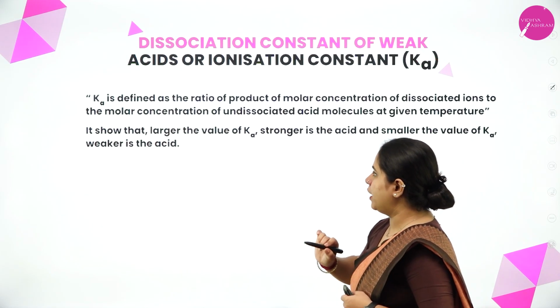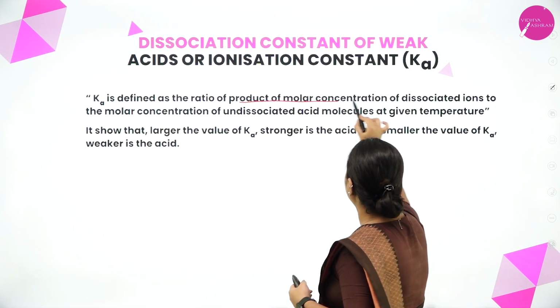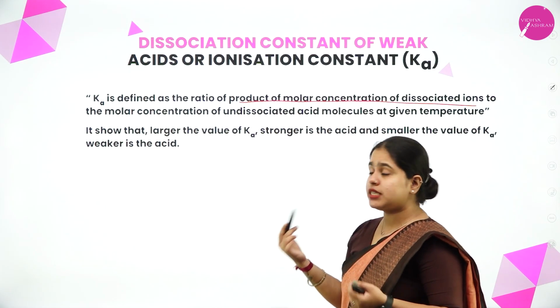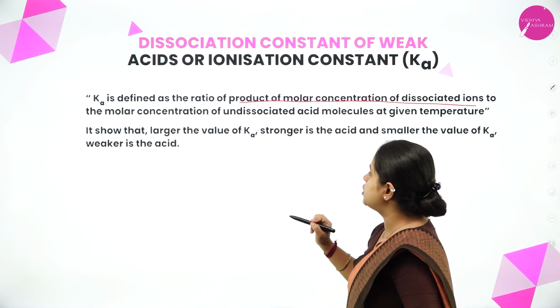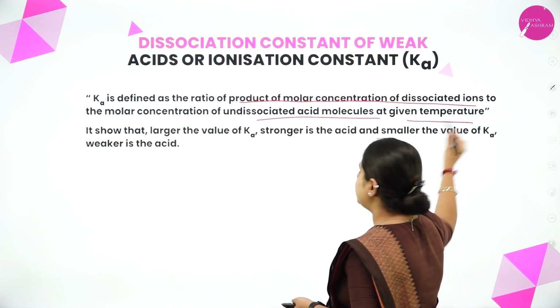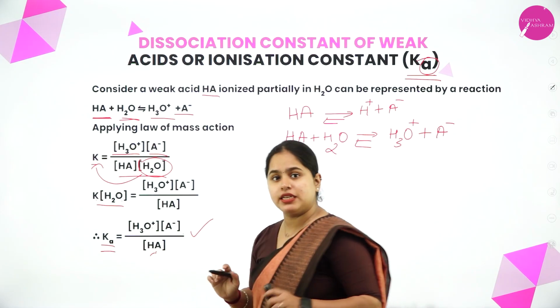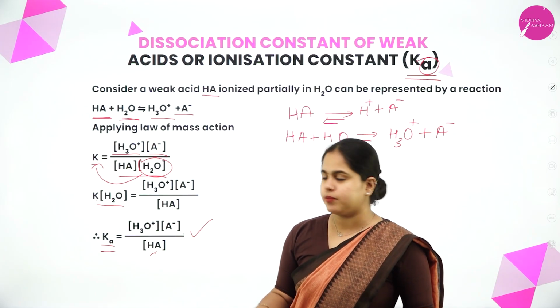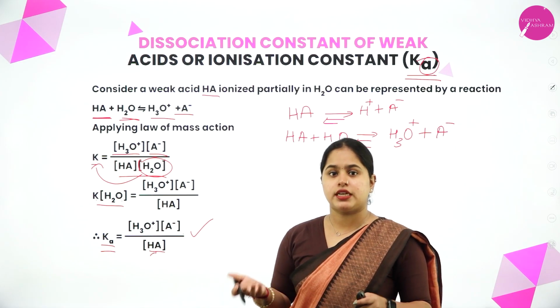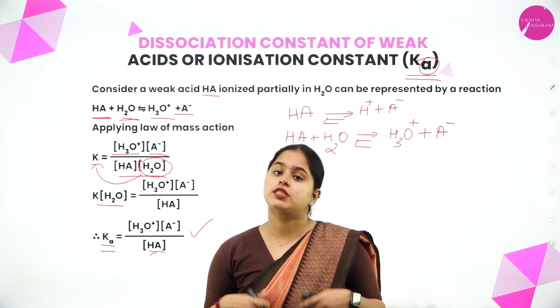Ka is defined as the ratio of the product of molar concentration of dissociated ions to the molar concentration of undissociated acid molecules at a given temperature. So what does that mean? H3O plus and A minus are the dissociated ions, and from where have they dissociated? From HA, which is the undissociated weak acid.